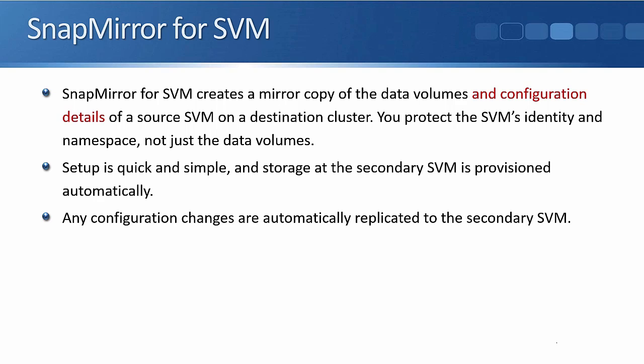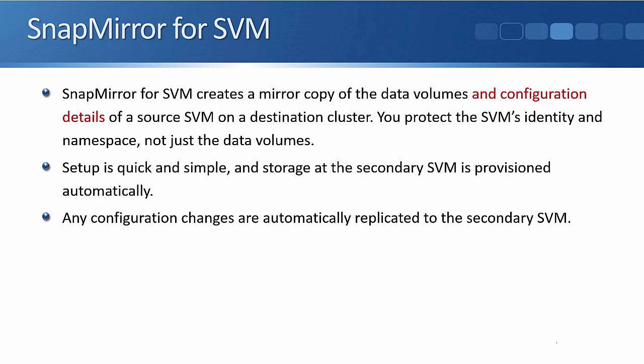So this is an improvement of our normal data protection mirrors, which just replicate the data and the permissions across. Because as we covered earlier, if you do want to fail over to your DR site, you're going to need to configure all of the NetApp settings on your DR site before clients can access their data. When we use SnapMirror for SVM, this is taken care of for us.